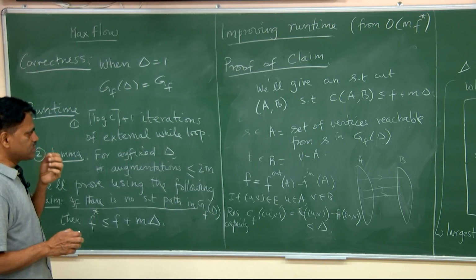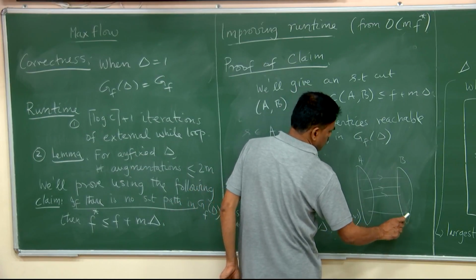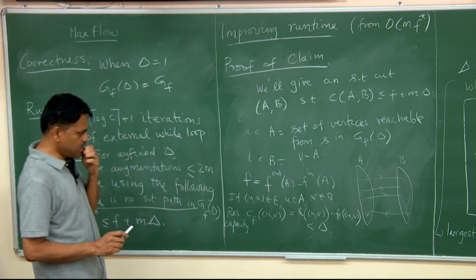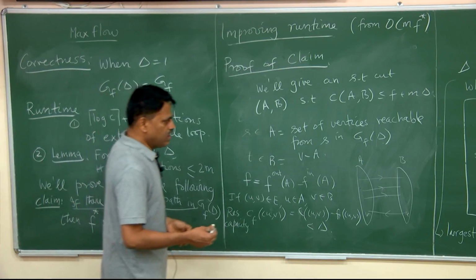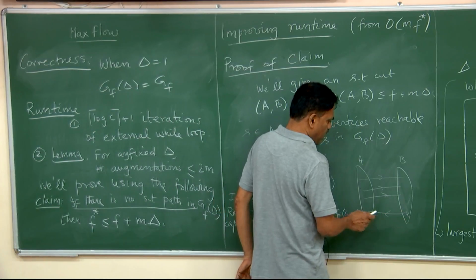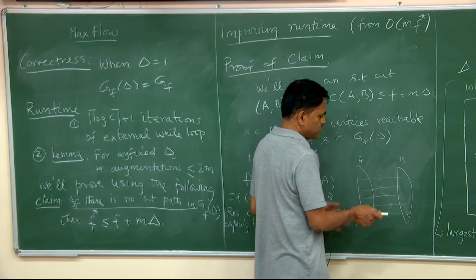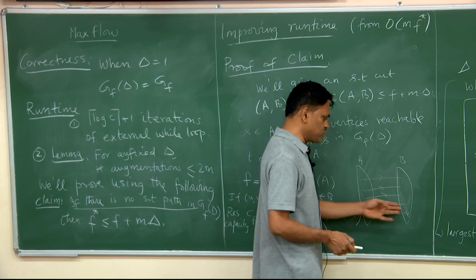Okay, and similarly, if you have an edge this way, then the flow in that edge is strictly less than delta, because whenever you have some flow here, I will put the reverse edge, with whatever the flow is as the residual capacity in the reverse direction. So if this value is greater than delta, then this would appear in GF delta.